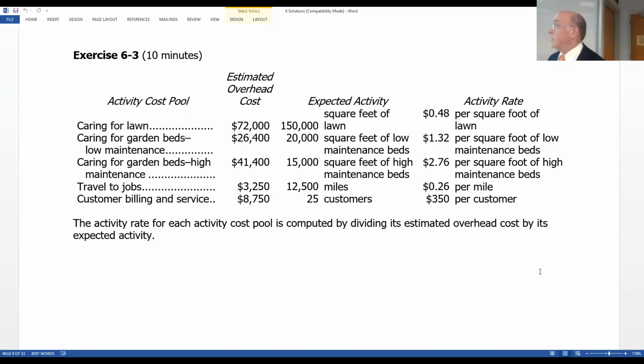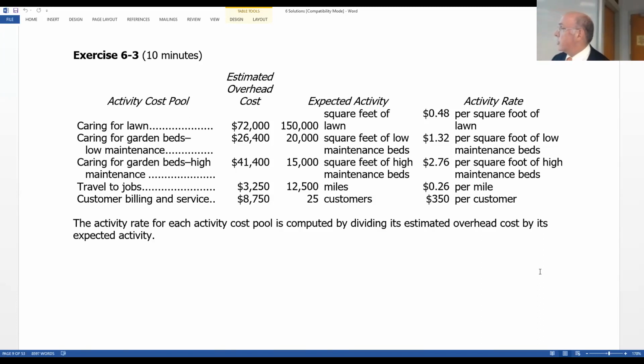If you have really fancy lawns that require a lot of care and expensive plants and stuff, you have to pay them more, so their job rate per hour would be more. It's another thing to take into consideration, which we don't do here, but it's a textbook example, just to show you the basics. Care for garden beds, high maintenance, 41,400 divided by 15,000 square feet, so that'd be $2.76.